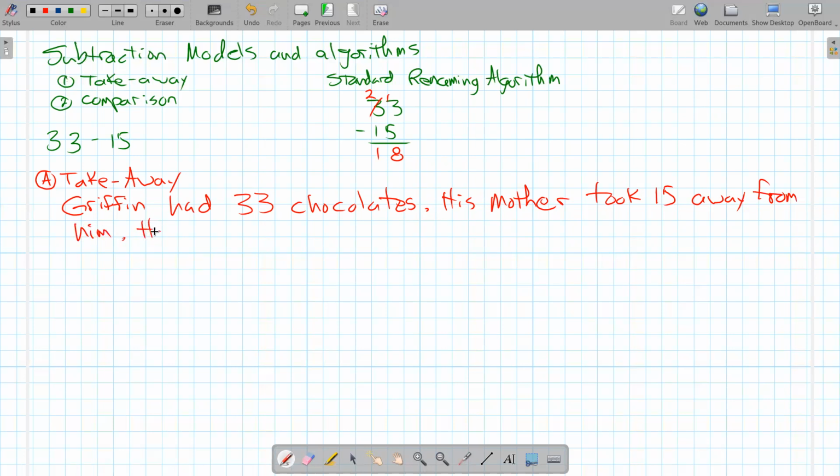How many does he have now or left? And so next thing we'll do is we'll show the base 10 blocks for 33, and then we'll show how to take away 15, and that takes a couple of stages. So let's try that with the toys.